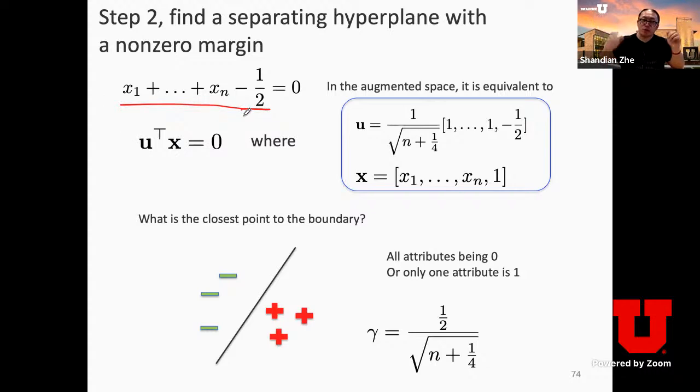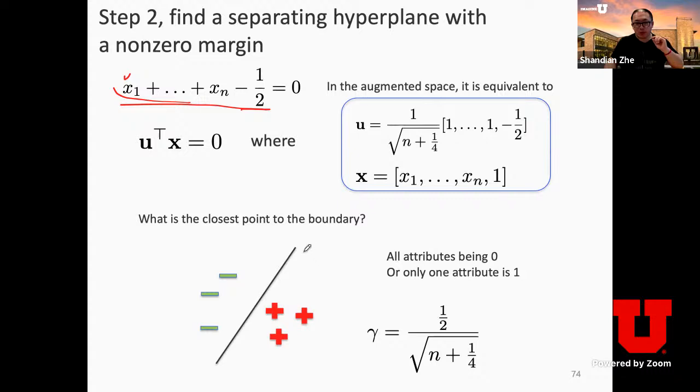For the positive examples, as long as only one variable takes 1 and all the other variables take 0, you have the minimum absolute value of the left-hand side. That determines the distance, right? So it's still half.